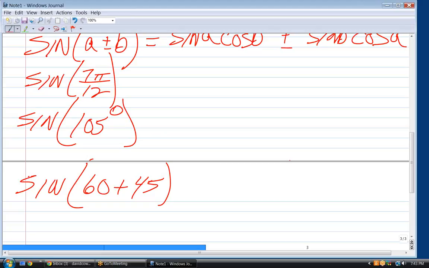You split it up into something that's either 30, 45, or 60. And we'd go through exactly the same process, only working in degrees instead of radians, but plugging into the same formula and getting the same answer.